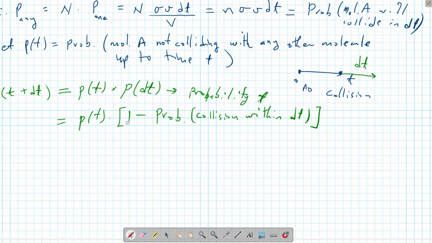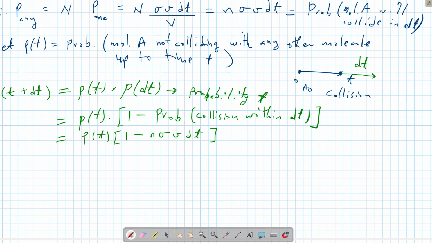So this is something which we can accept. So this is pt into 1 minus probability of collision within dt, which we have computed earlier. So this is n sigma v dt, right? So we have this expression to be intact.